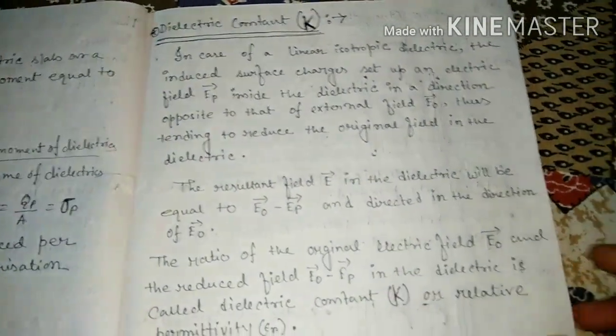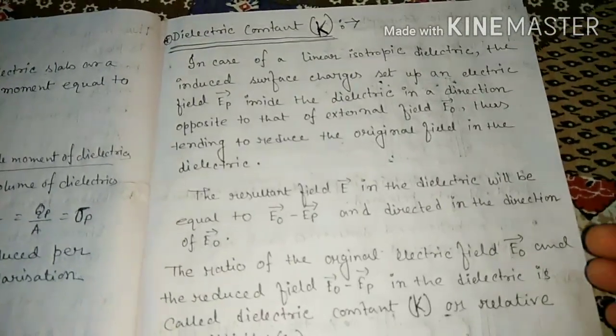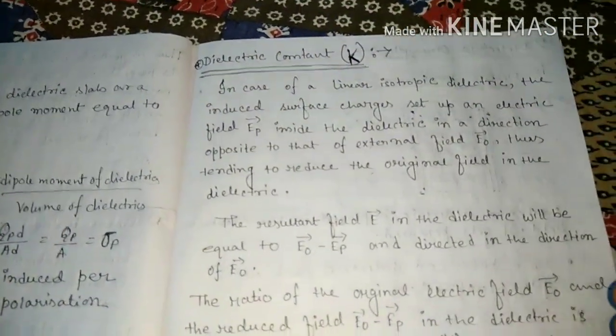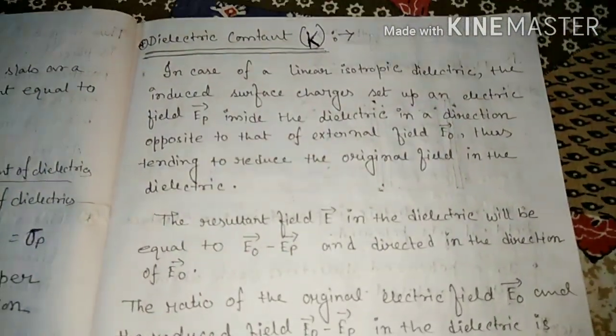Another constant we studied earlier in the first chapter is the dielectric constant, denoted by capital K. In some books it is a small k.